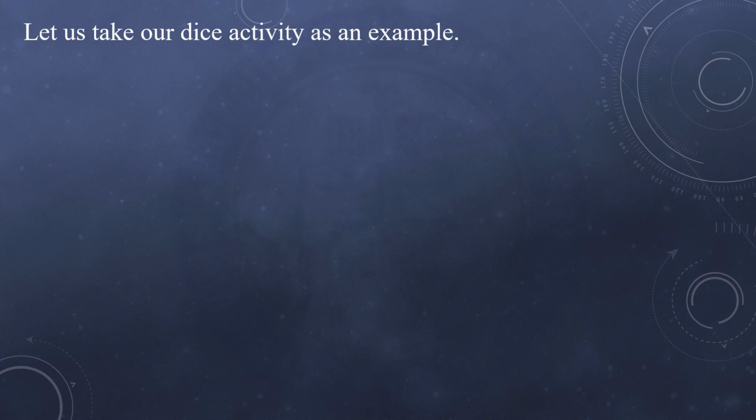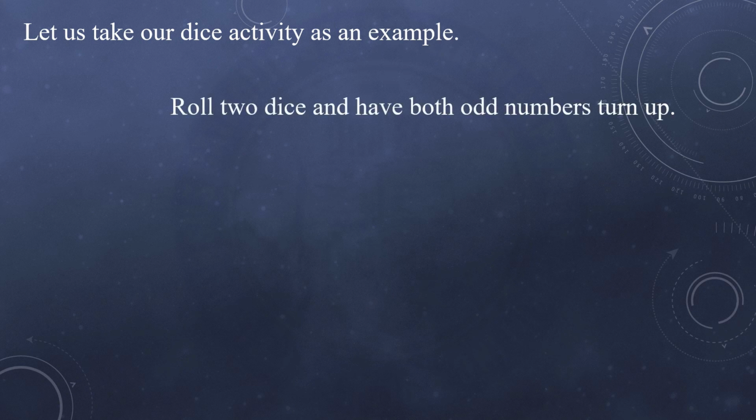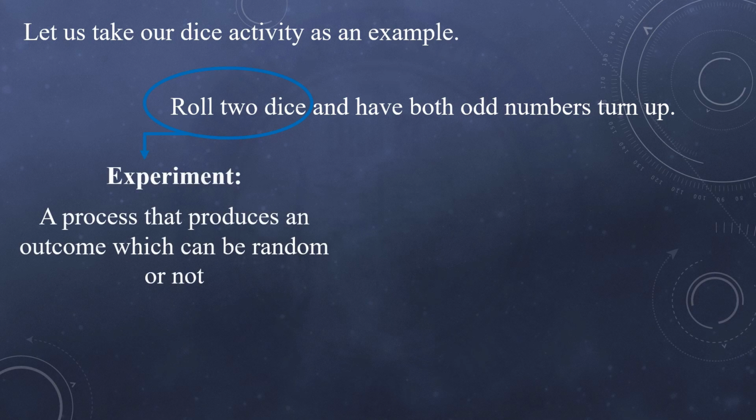Let us take our dice activity as an example. If we have this statement, roll 2 dice and have both odd numbers turn up. The phrase roll 2 dice refers to an experiment, which is a process that produces an outcome which can be random or not.